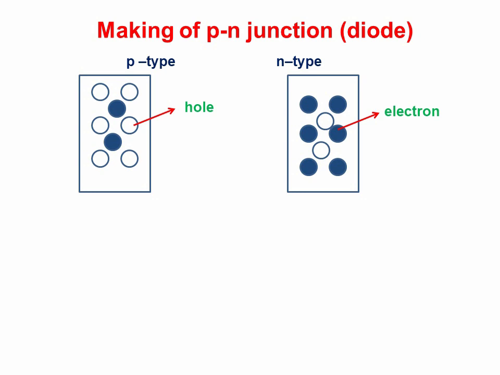Here, the empty circle refers to a hole, and the shaded circle is called an electron. In the p region, or p-type extrinsic semiconductor, majority charge carriers are holes and minority charge carriers are electrons, whereas in n-type, majority charge carriers are electrons and minority charge carriers are holes.